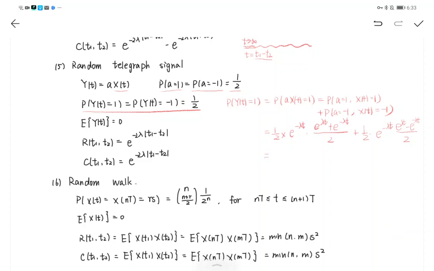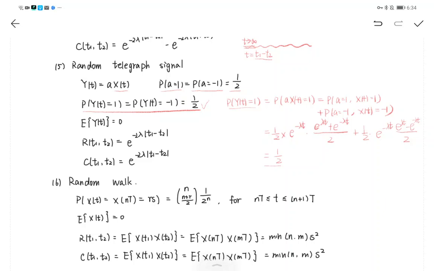And we can find it is equal to 1 over 2. So the probability of Y(t) equals 1 is 1 over 2, and it is similar to the probability of Y(t) equals minus 1. So this is the first order probability masses of the random telegraph signal.